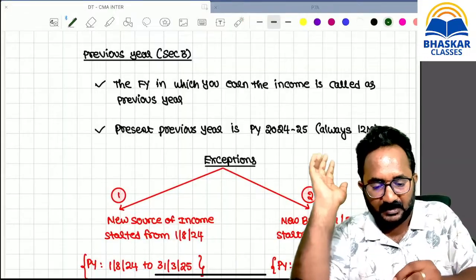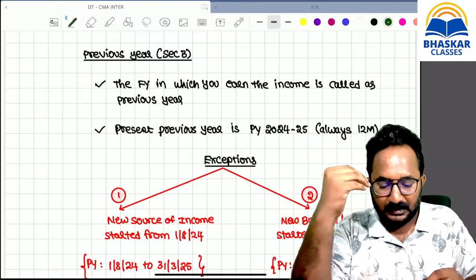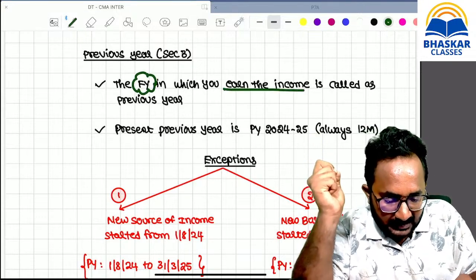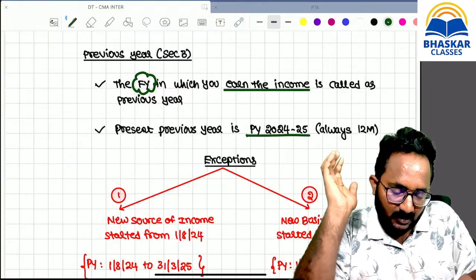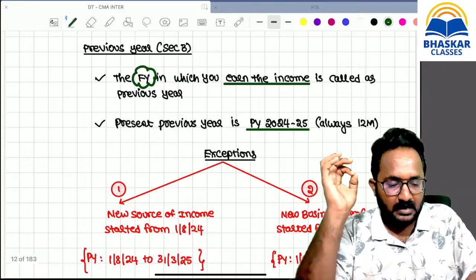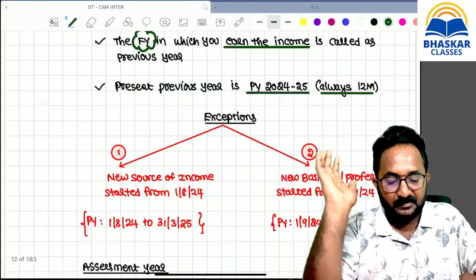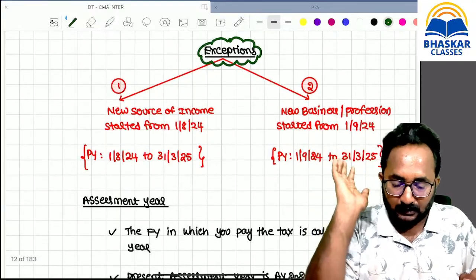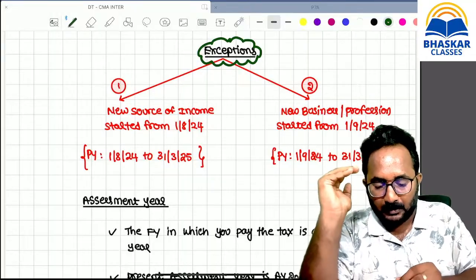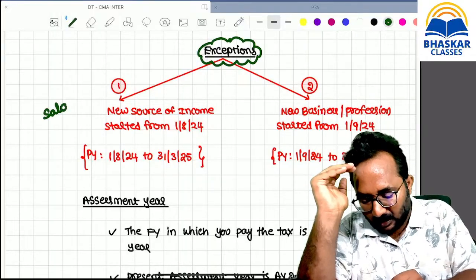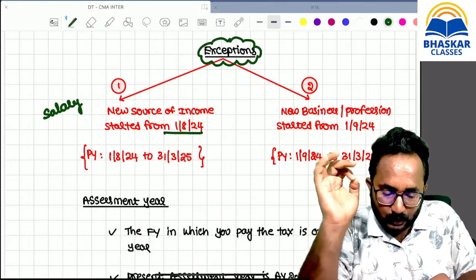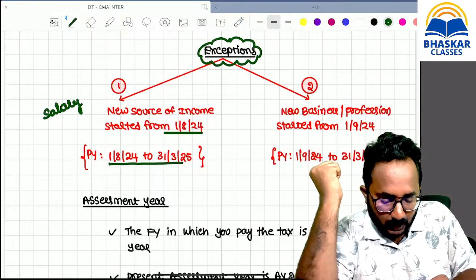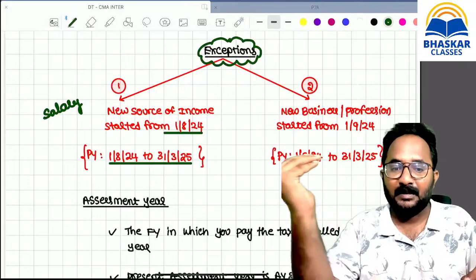What is the definition of the previous year? The first financial year in which you earned the income is called the previous year. For our examinations, previous year 24-25 generally always has 12 months, but in some exceptional cases the previous year duration is less than 12 months. For a new source of income, for example if I get a job or salary income from 1/8/2024, the previous year starts from that date to year end, not from the year beginning.